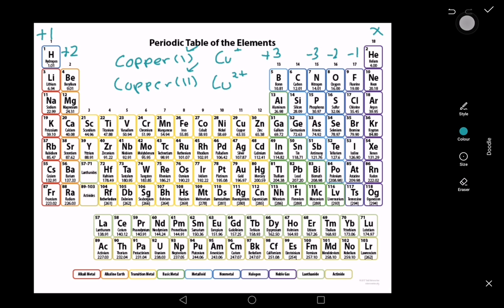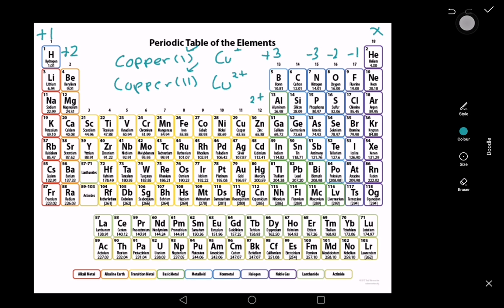And for zinc and cadmium, this one is group 12. Just remember this one is 2 plus. For the others in transition metals, just refer to the Roman number in the name.